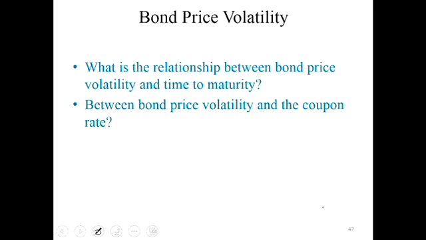Okay. All right, so let's take the case that these two bonds, A and B, are identical in all respects, except what's different is their coupon rate. So which one of those two has the higher coupon rate, A or B? Yeah, A does, because we just said, the larger the coupon rate, the lower the volatility.